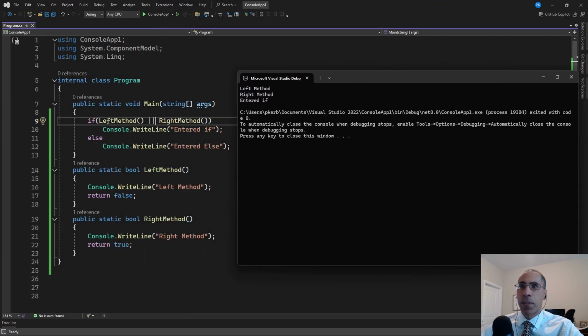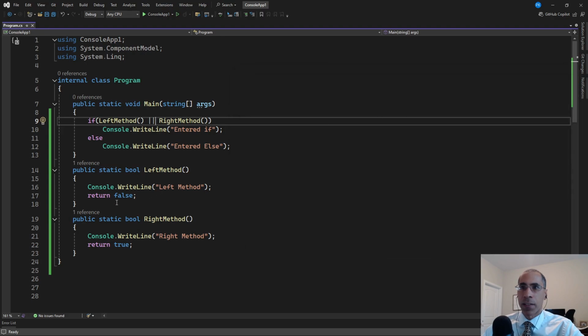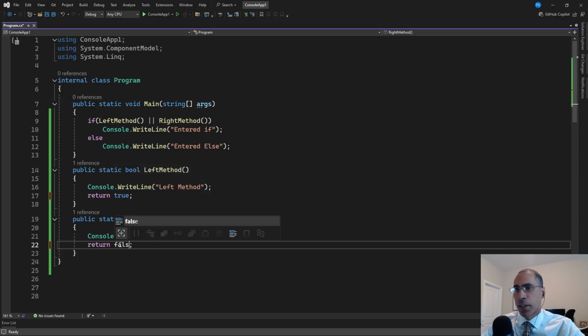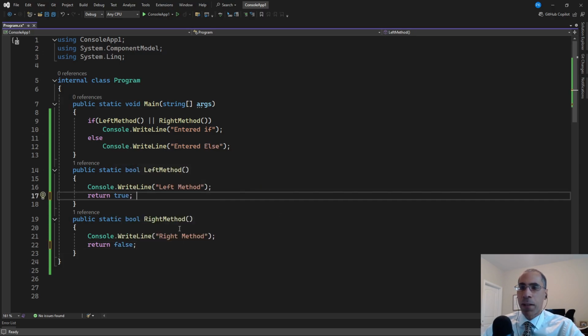Well, the first statement returns false, so it's really not enough information, because with an OR, it has to have at least one true. So in this situation, it evaluates both sides. But let's reverse the result here for the left and the right method, and we will see that it's going to evaluate this one.